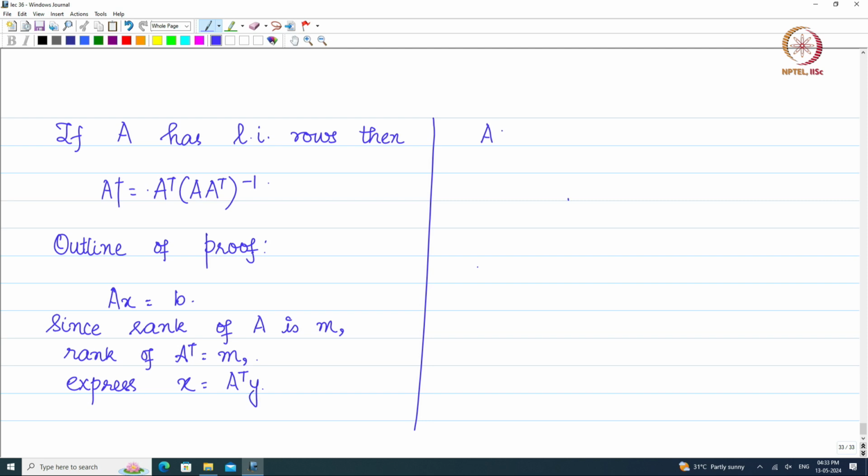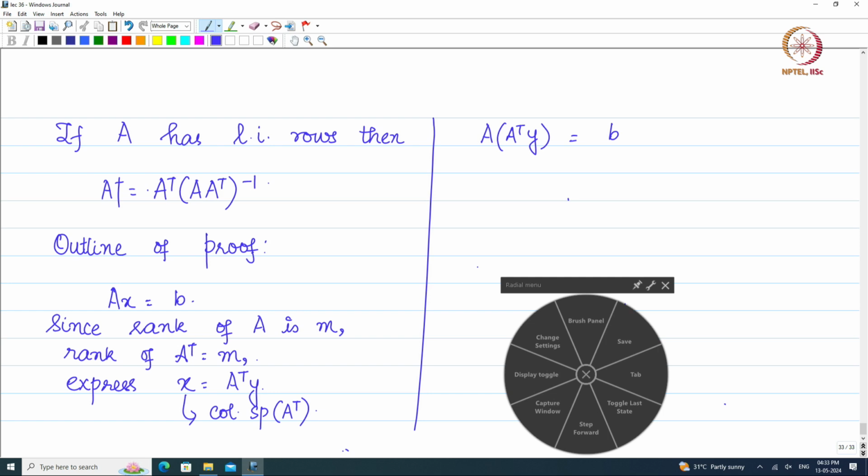We have A into A transpose Y is equal to B, and basically X now is in column space of A transpose. So, you have A into A transpose Y is equal to B.